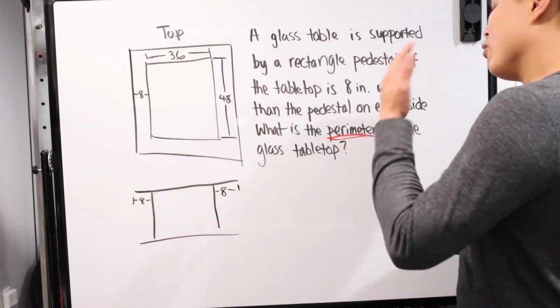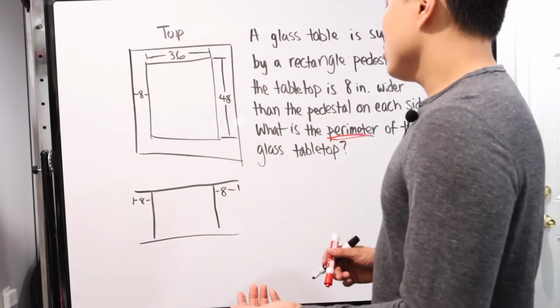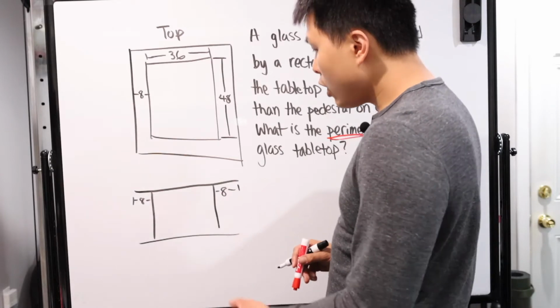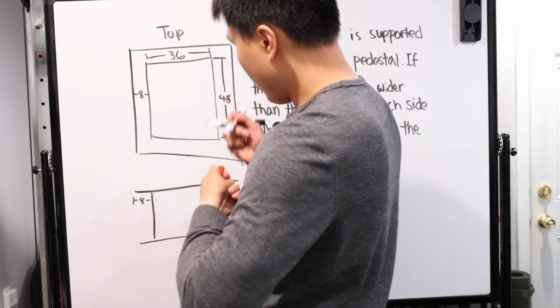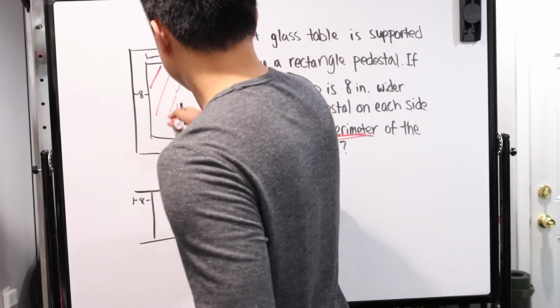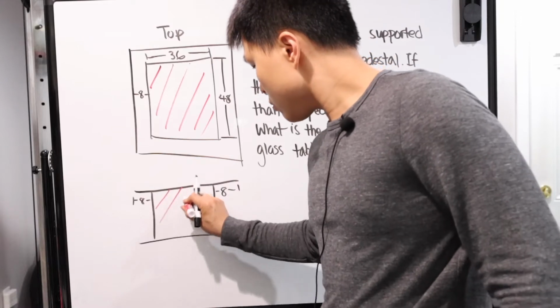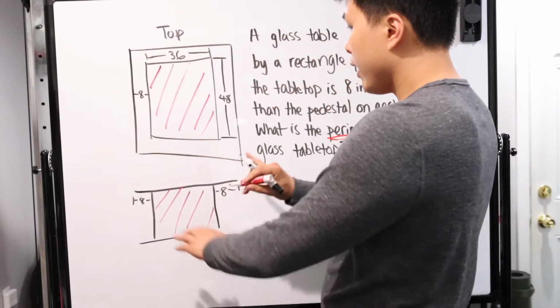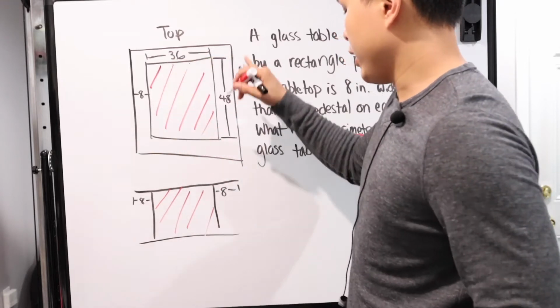But basically, once again, we're just trying to find the perimeter of the glass table. So what can we do? Well, we know that this rectangle on the inside, if I shade it, is just your pedestal right here. Everything else is glass as well. So it's glass on top of the pedestal, of course, and then everything else on the outside.